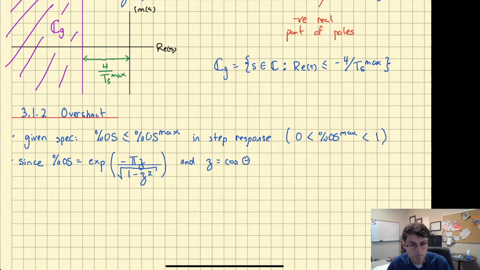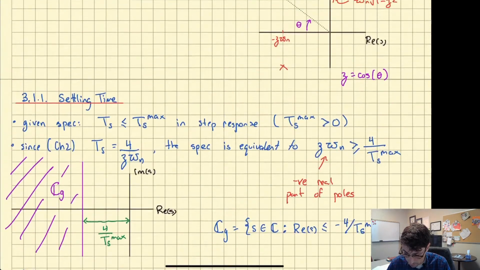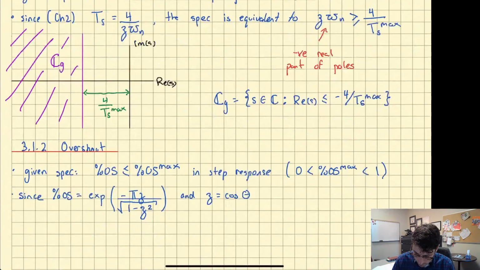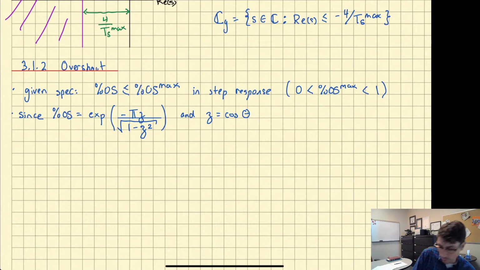I'm going to scroll a bit to show you again where theta was. Theta is this angle, and so the argument of the poles is pi minus theta, and negative pi plus theta. Okay, so because of that, this is equivalent to the spec that is.